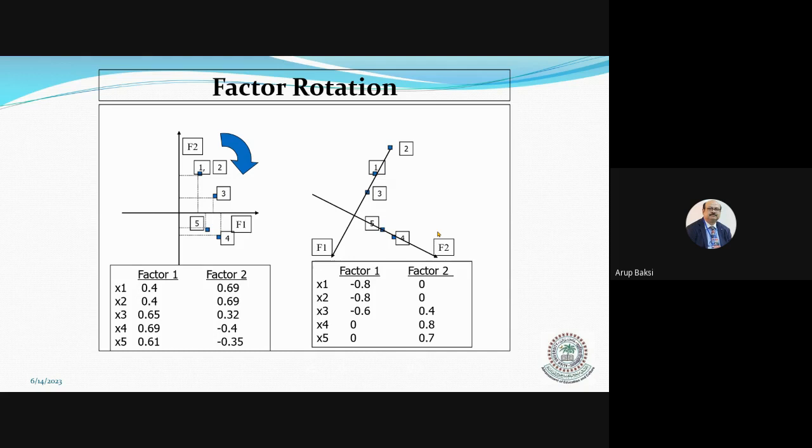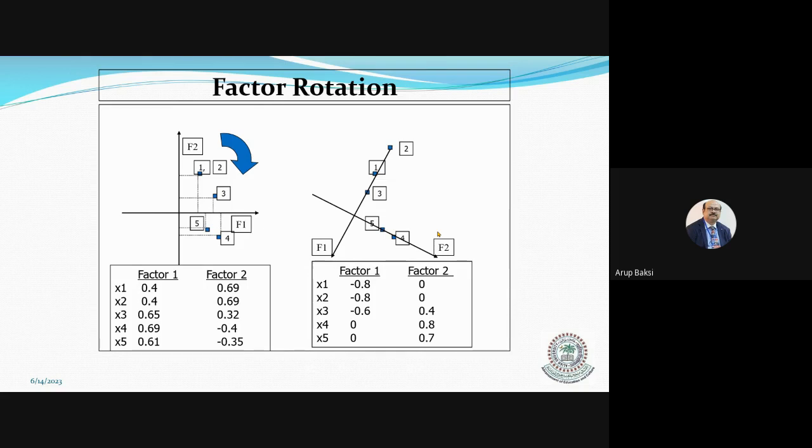So the software, SPSS, creates a kind of tilt of the axes without disturbing the angular relationship between the axes. You see on the right-hand side of the picture, the axes have been rotated in a clockwise direction. Even after the rotation, F2 and F1 have retained the 90-degree angle.